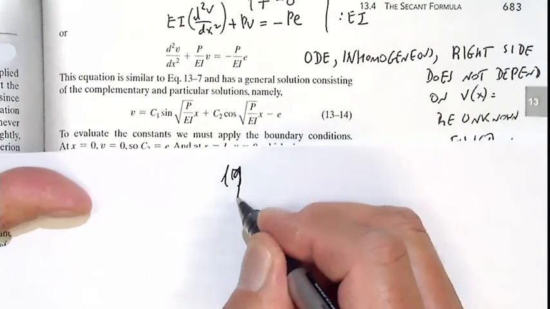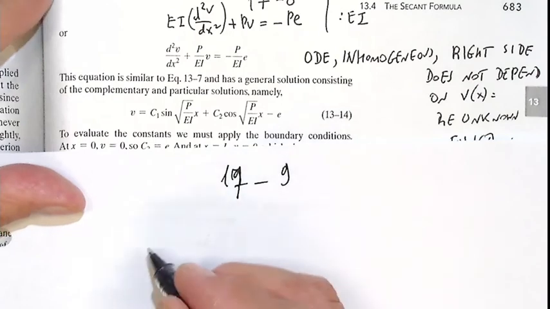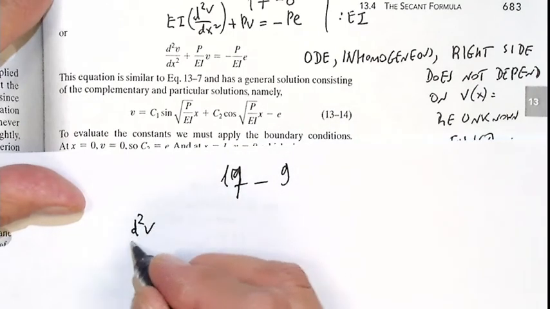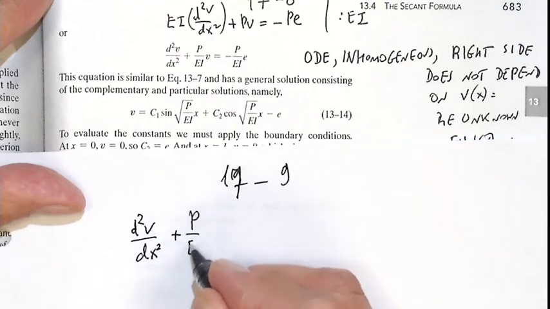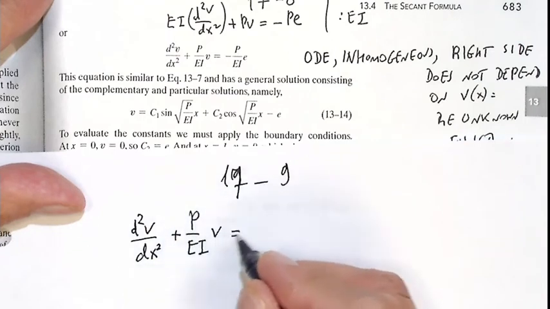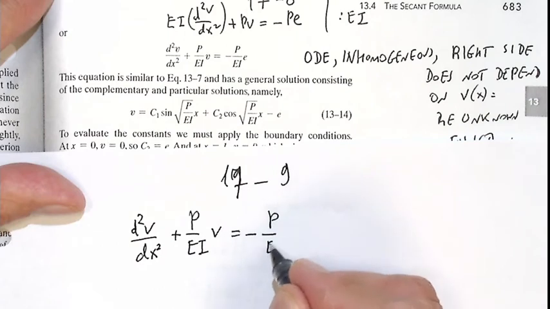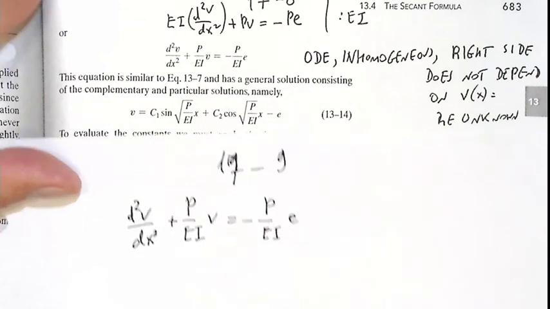Seventeen 9. So we have d2v dx squared plus p over EI v that equals minus p over EI e. Okay?